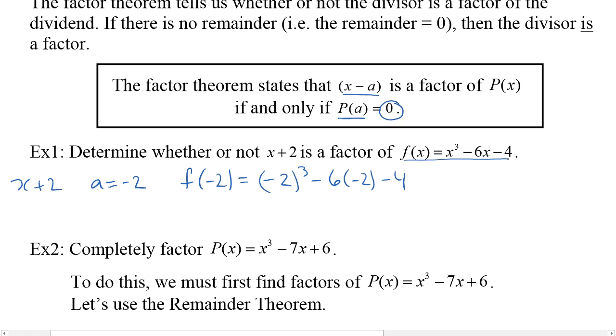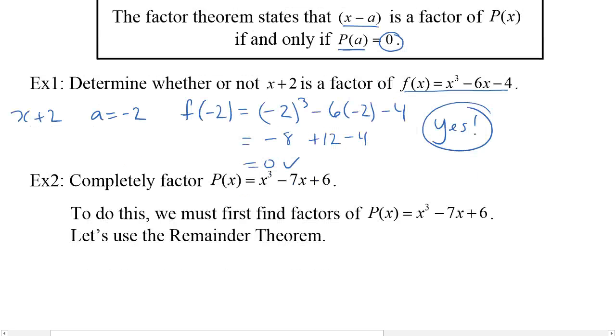Everywhere I saw an x, I replaced it with a -2. -2 cubed is -8, -6 times -2 is plus 12, and then minus 4. What does that add up to? It adds up to 0. Yay! So the answer is yes, it is a factor. We determined whether or not.